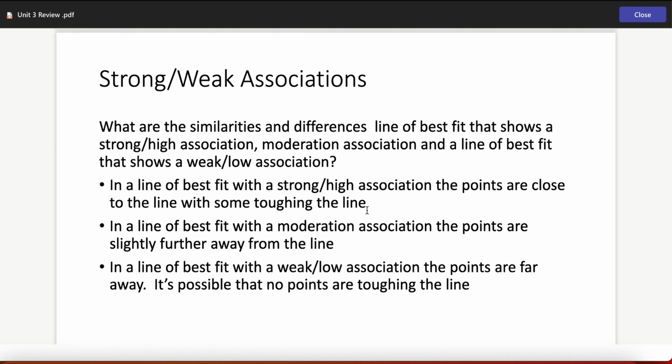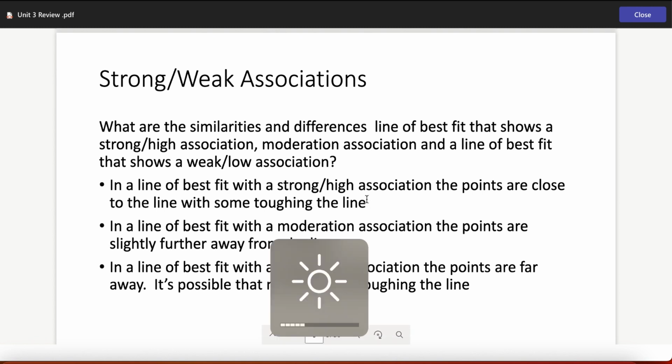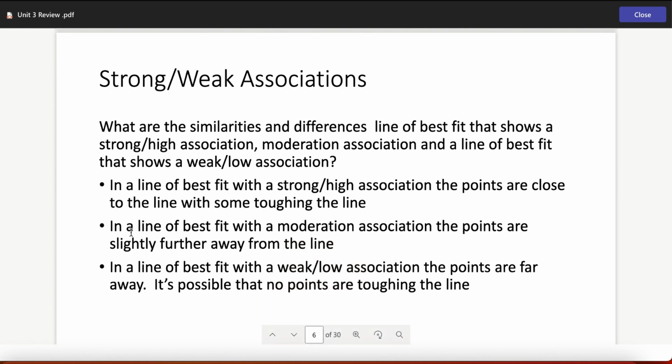In a line of best fit with a moderate association, the points are slightly further away from the line.